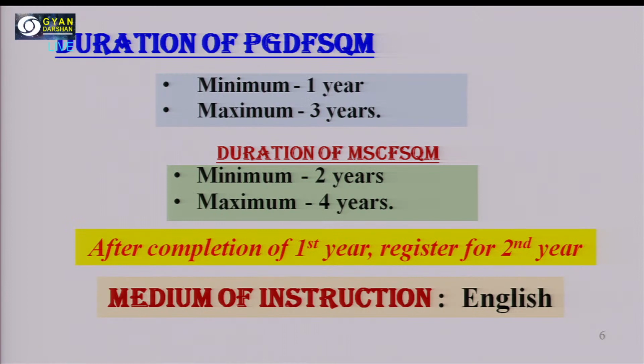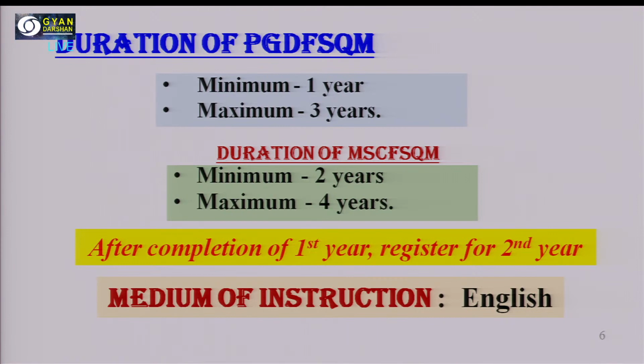Now we'll see the duration of the program. For PG diploma program, the minimum duration is 1 year, maximum 3 years. That means you can complete your PG diploma program within 1 year of your registration. If by any chance you fail to complete in the first year, then you can complete the program within 3 years of your registration. That is the maximum duration of your registration. Then the second thing is the MSc FSQM program duration, minimum duration is 2 years.